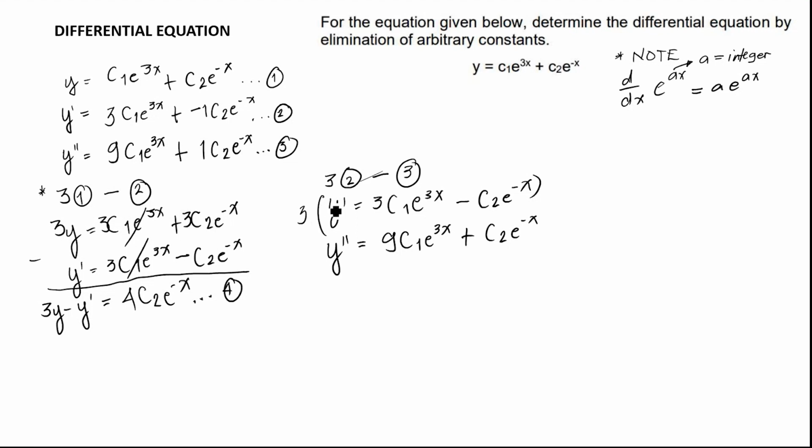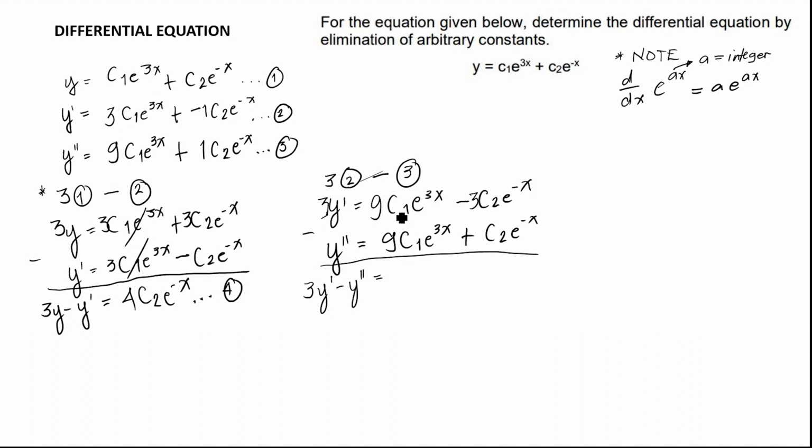So this 3 will be distributed. This will be 3y prime, and this one will become 9c1 e raised to 3x, and this one is 3c2 e raised to negative x. Let's subtract it: 3y prime minus y double prime is equal to 9c1 e raised to 3x minus 9c1 e raised to 3x.